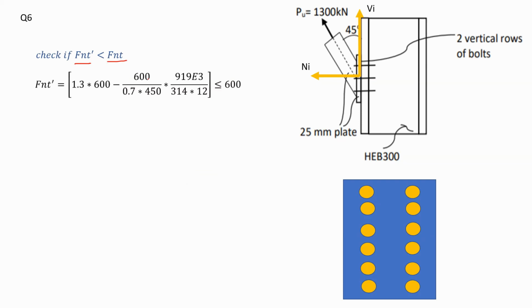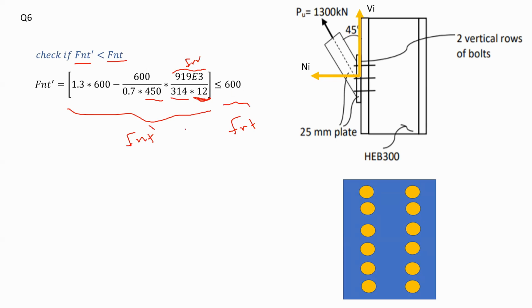So if we expand our equation, here I have FNT dash, and here I have my FNT, which I already calculated previously, 600. So I start substituting everything in the equation, and here I substitute the number of bolts, 12. This is the area of the bolt, this is FNV, that's the whole thing of FRV. So basically substituting everything in this equation and check if it's less than 600 or not.